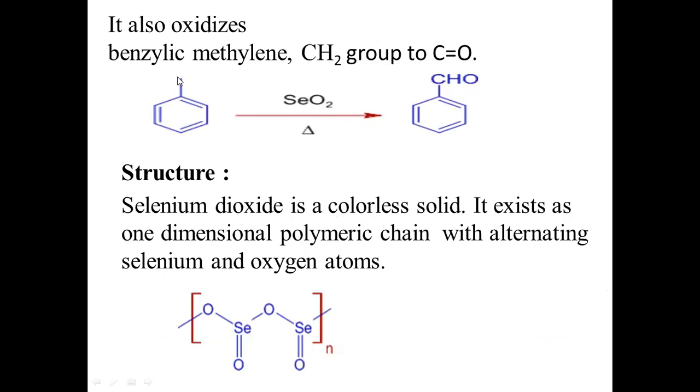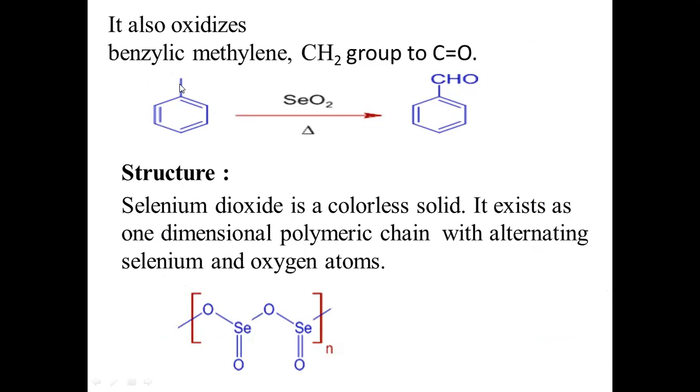I already told you this is useful for oxidation of allylic and benzylic CH functions. So the benzylic methylene group, here in this case this is CH3. In this CH3 or CH2 group, it is modified into C double bond O. Now you can take this example. In this case you can see this is benzene, and here you can see CH3.